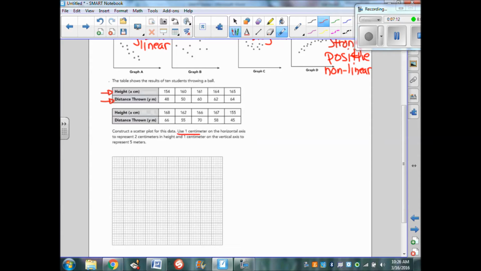our grid. It says use 1 centimeter on the horizontal axis to represent 2 centimeters of height. Okay, so that's our x. And then 1 centimeter on the vertical axis to represent 5 meters thrown.